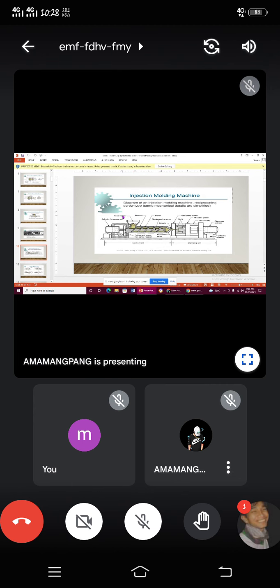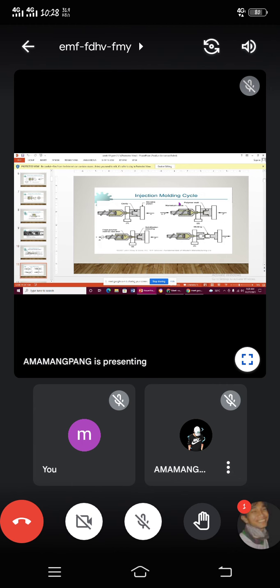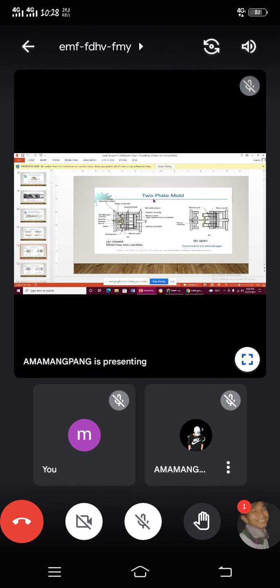So next is the diagram of the injection molding cycle. So this is the diagram of the injection molding cycle. This is the picture. So next is the picture of a two plate mold. So this is the two plate mold. So this is a closed mold that has two cavities.